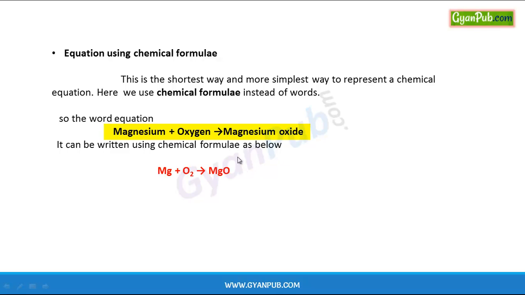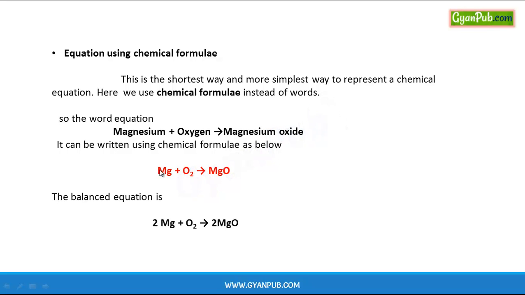So involving all these chemical formulas in the equation, we get the description of the reaction of magnesium which is burnt in oxygen, that is magnesium plus oxygen gives rise to magnesium oxide. So this is the word equation, and according to the law of conservation, mass cannot be created or destroyed.